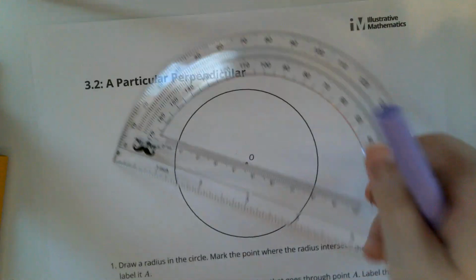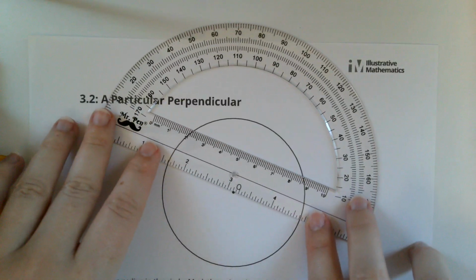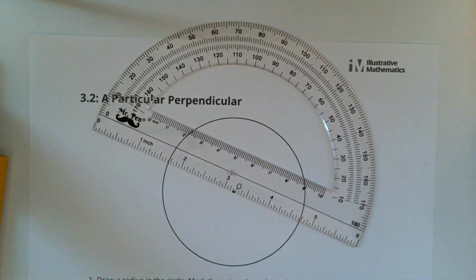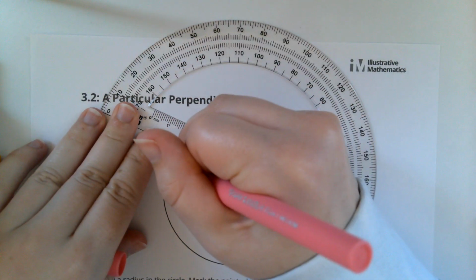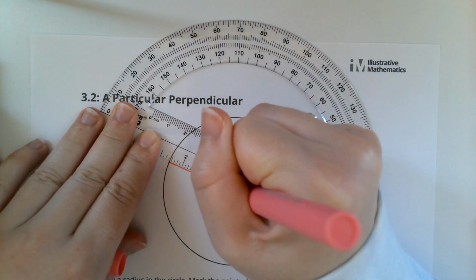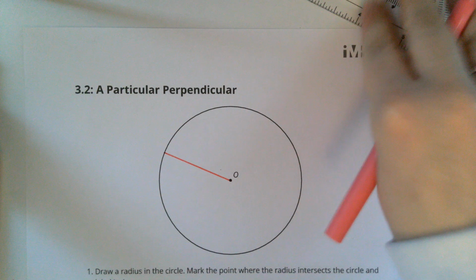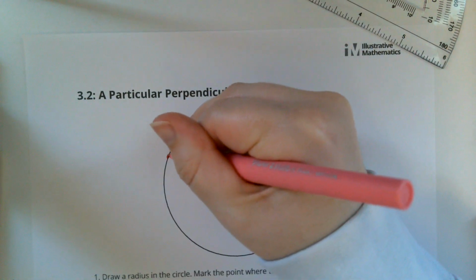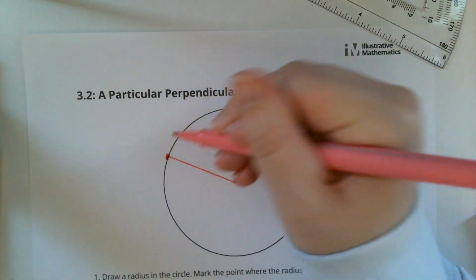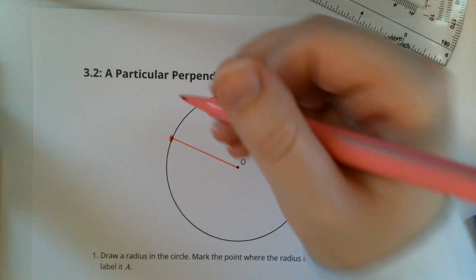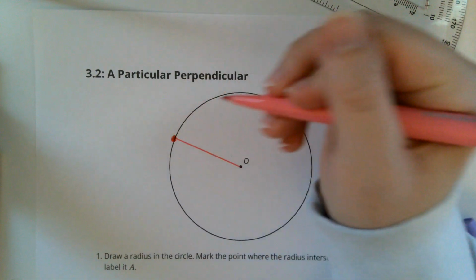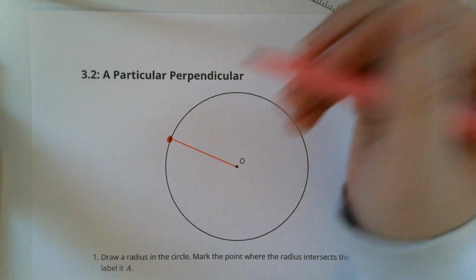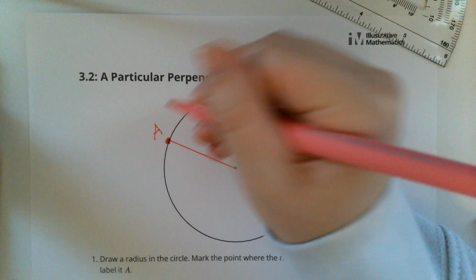If you have a ruler, you can use that, but we do want to have as straight a line as possible. So let's draw a radius. Doesn't matter where it goes. Just remember a radius has to start at the center and end somewhere on the circle. So there's my radius, and I'm calling that point A.